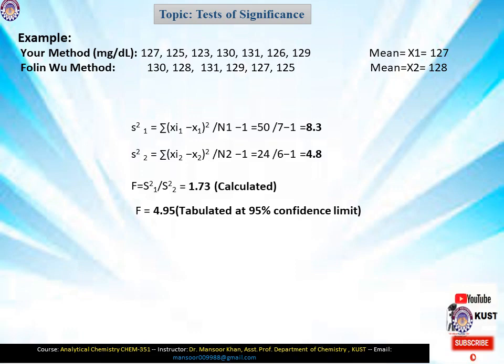So after calculating, F is equal to 1.73, this is called F calculated, while F tabulated at 95% confidence limit, which is present in the table in the textbook of analytical chemistry, is equal to 4.95. As F calculated is less than F tabulated, therefore the method is significant.